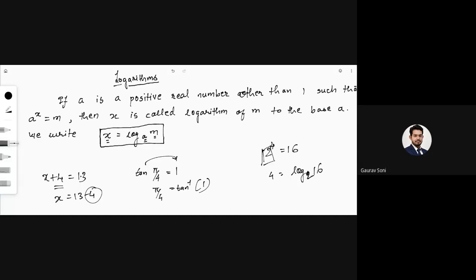When you have a base, a power and an answer, then the answer and this power are related by this relation. So if a raised to x is equal to m, then x is log to the base a of m. This is the most basic definition of log. Now we'll write some basic examples by which I can find out the log for many numbers.